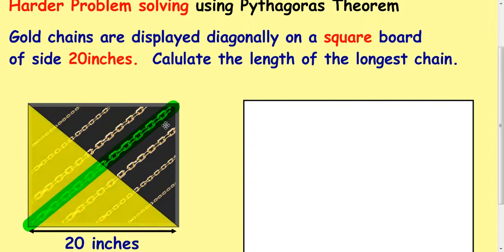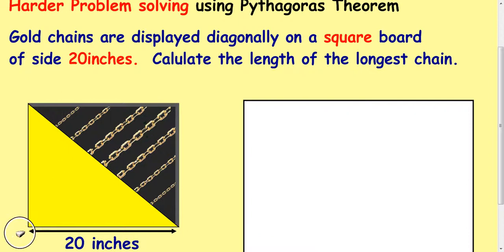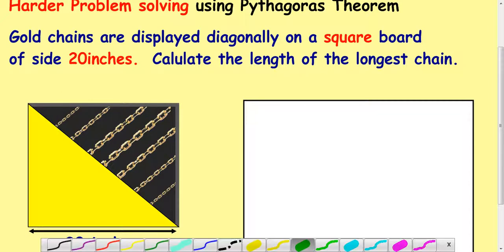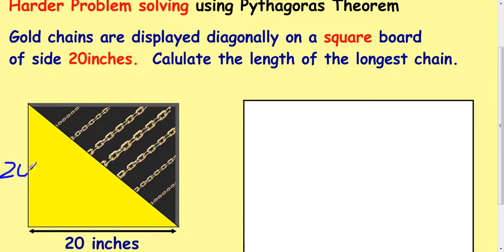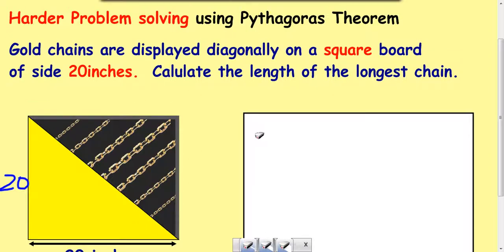Doesn't really matter which way down the triangle goes, you've still got the same idea. So the triangle's 20 and 20 up and down the way. So 20 inches by 20 inches. We've got to work out the longest chain. Okay, it's that way, but it's the same length this way. So we just do Pythagoras again.